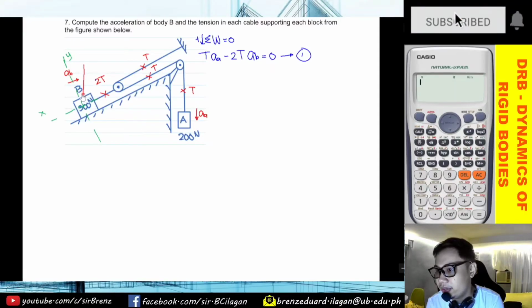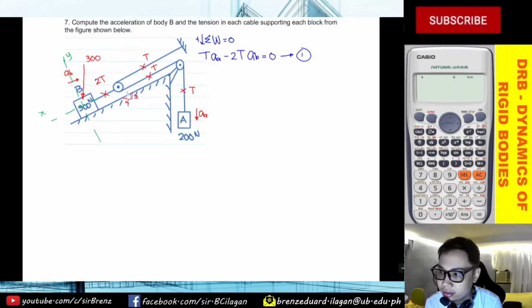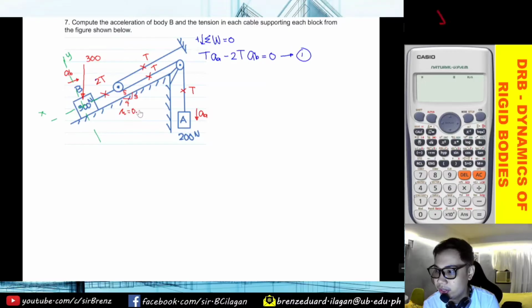So we have here the weight of the block na 300 Newton. Ito pala, meron siyang given dito. Yung 3 niya is vertical, 4 horizontal. To get this slope, square root of 3 squared plus 4 squared, so this will be 5. And the coefficient of friction of the surface is equivalent lang sa 0.2.